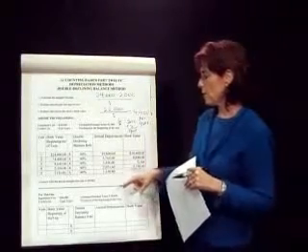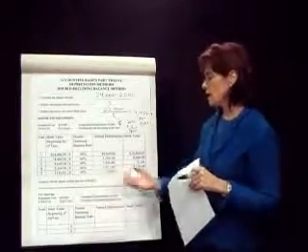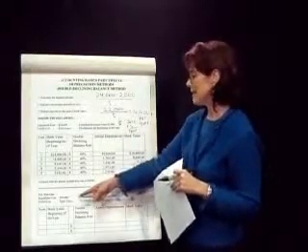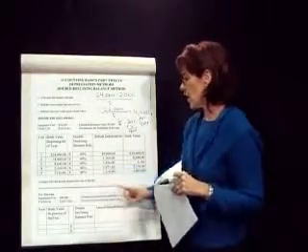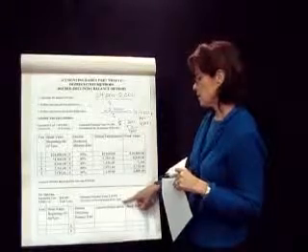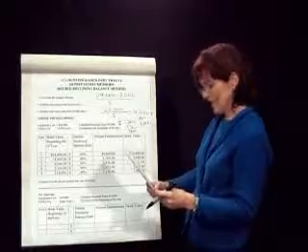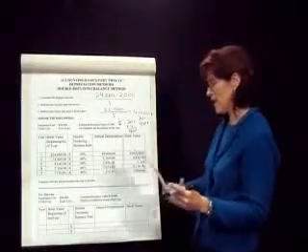But let's try practicing one and see how we do. The next one says the equipment costs $86,000. It has a useful life of 8 years, an estimated residual value of $10,000, and it's purchased at the beginning of the year. So how are we going to calculate that using the straight line method?